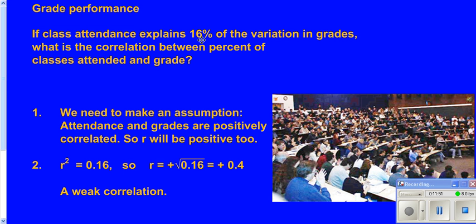So since this is your percent, you know r squared is equal to 16%, and 16% as a decimal is 0.16. So we want to go ahead and solve it for r, so we'll take the square root of both sides. So we get r to be the positive root of our 0.16, which is a positive 0.4, which we know is still a fairly weak correlation.